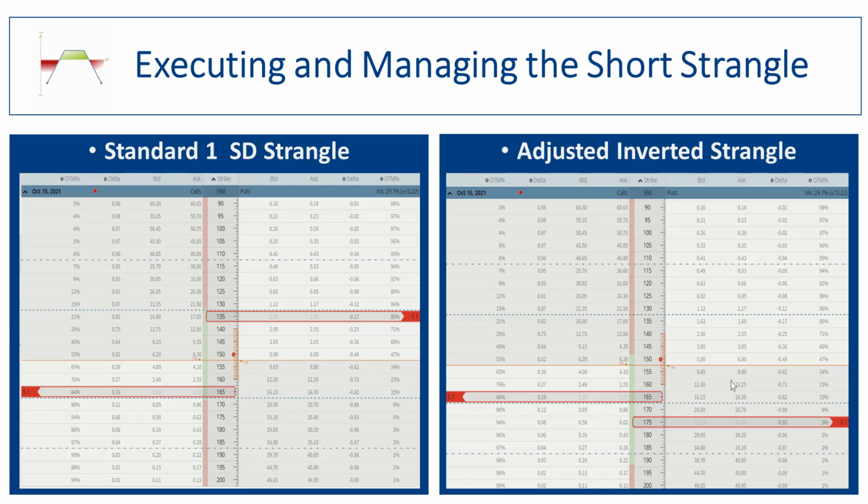The option chain on the left is the standard 165 by 135 short strangle. Price remains between the short strikes. The chart on the right assumes that price has breached the 165 strike, making it necessary to roll up the put above the short call and creating a 175 by 165 inverted strangle.